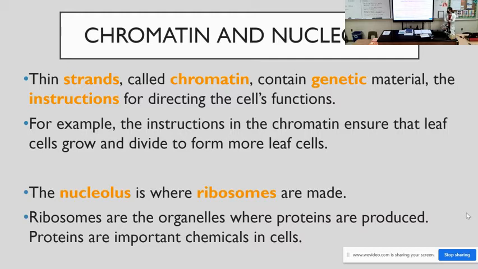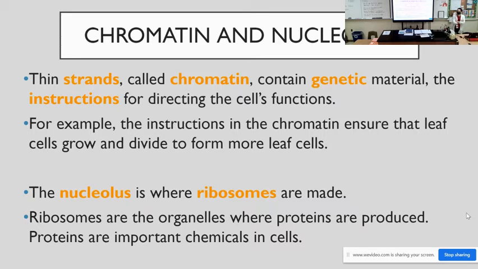So for a leaf, for example, this chromatin tells the cell that it needs to grow, or it tells the cells that it needs to divide and separate and create more cells. It gives it that specific set of instructions.